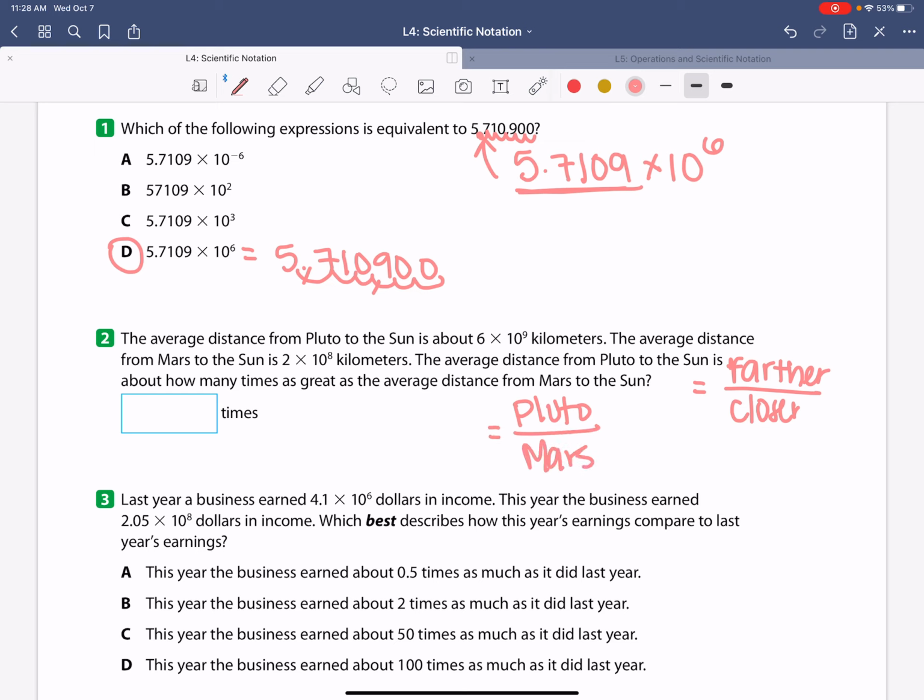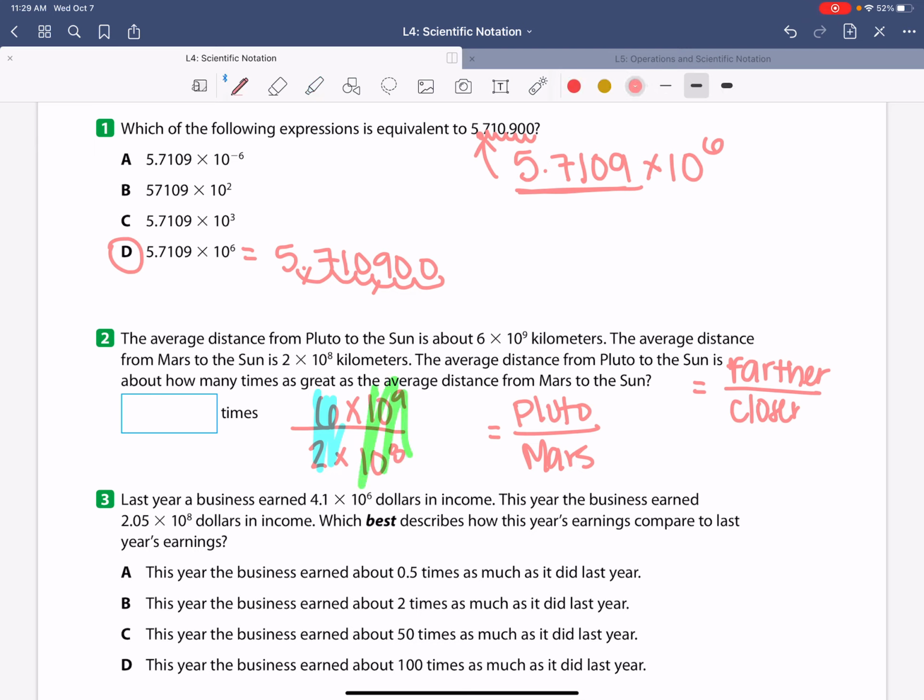So Pluto's scientific notation of the distance from the sun is 6 times 10 to the 9th power, and Mars is 2 times 10 to the 8th power. So all you have to do here is break apart your first factor and your second factor.